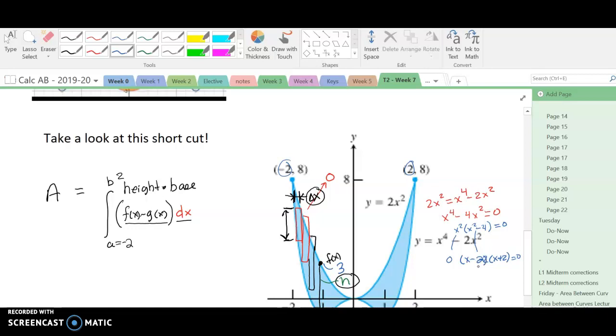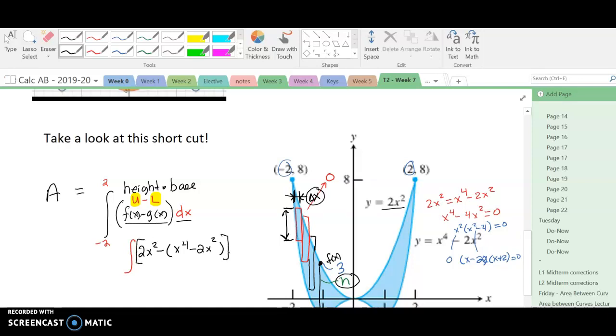Okay, so now we've got our limits. But I said that there was a shortcut with this video, and so here I'm going to talk about that shortcut. Whenever we're finding the area between two curves, we can always think about just the upper curve minus the lower curve. And so my upper curve is 2x squared, and my lower curve, in parentheses, because this is one entire curve, is x to the 4th minus 2x squared.